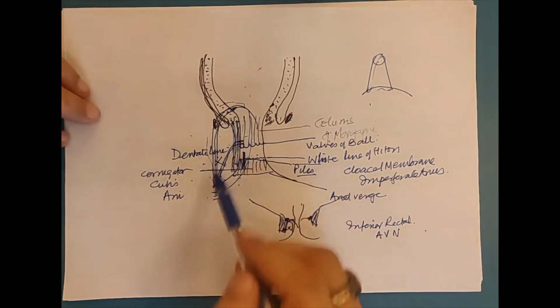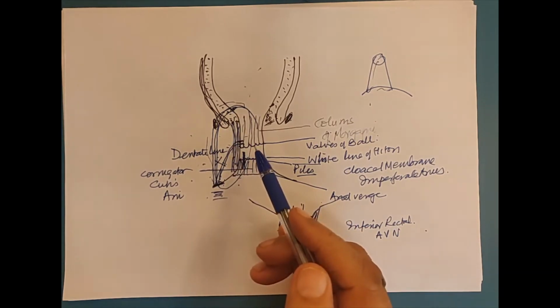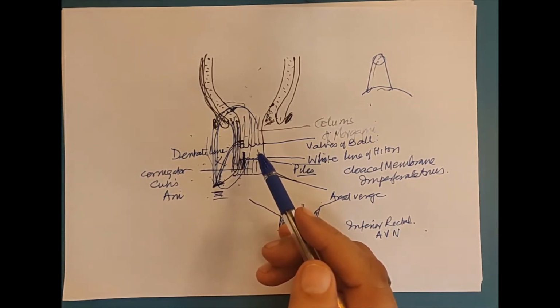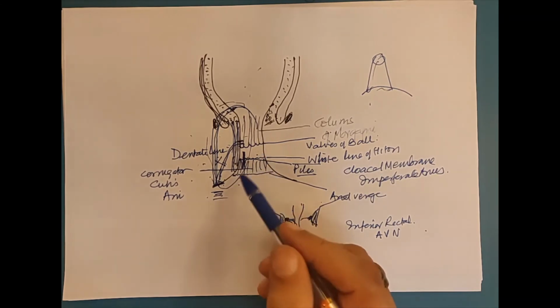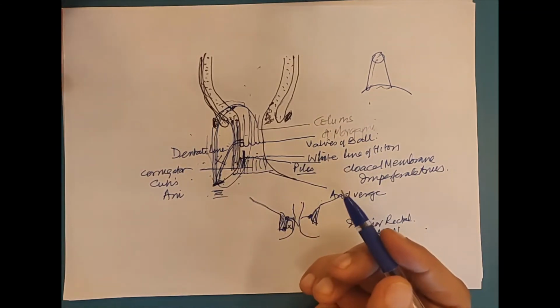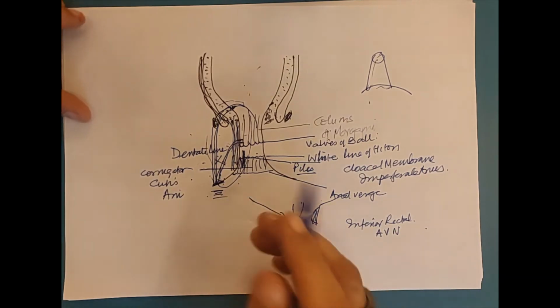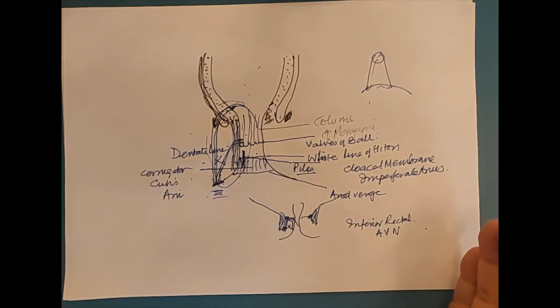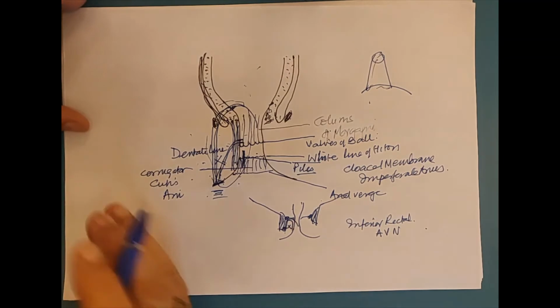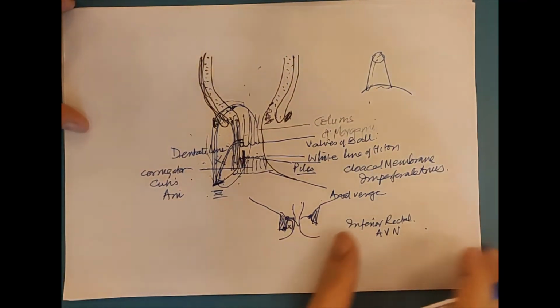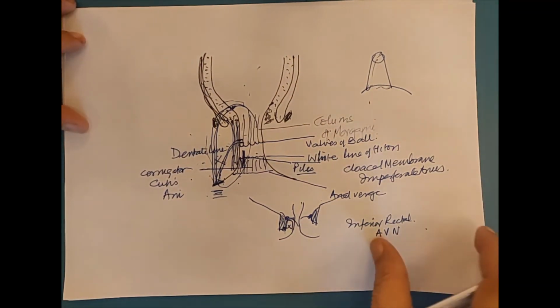So high fistula will always be behind the anal canal. All right, and a low fistula will be in front, and a high fistula will be farther away, and a low fistula will be towards it. There's a law to it, and you must know what that law is.